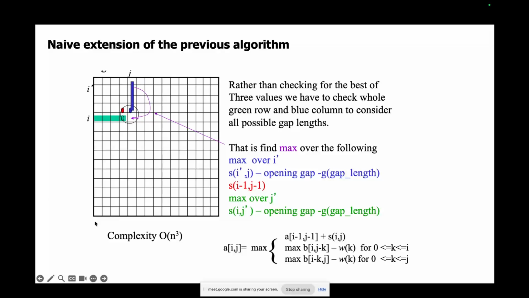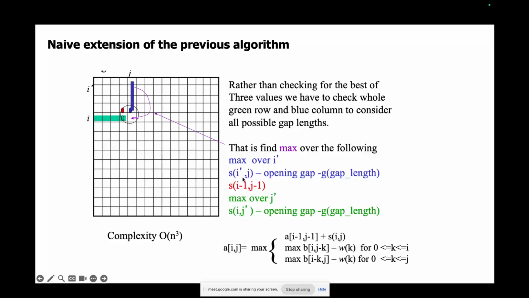If these two sequences are similar, this particular alignment and this particular alignment will have a lot of gaps, so you need to compute depending on whatever your gap penalty is. So the idea is that we compute for all this set of values, and then we find the max over the following, right?